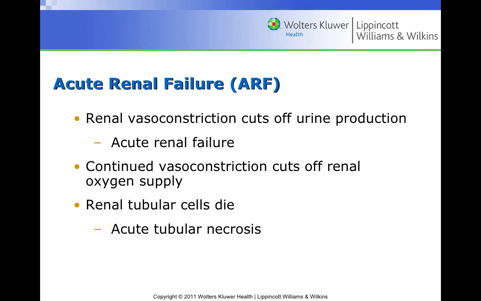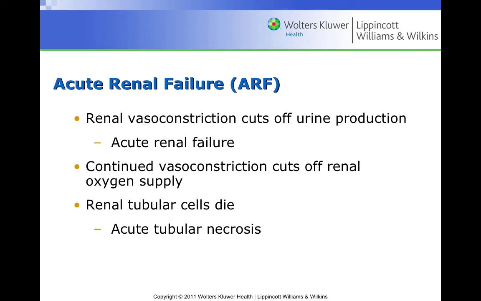Acute renal failure is a byproduct of multi-system failure that occurs with sepsis. This is where there is renal vasoconstriction, which essentially cuts off urine production and results in acute renal failure.